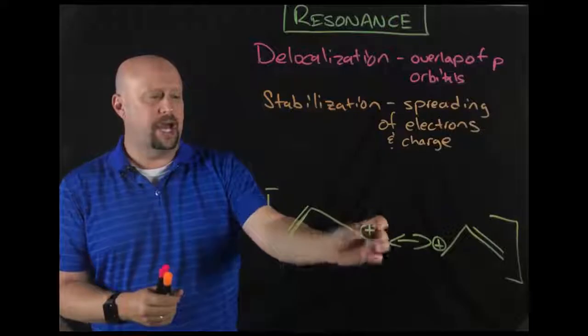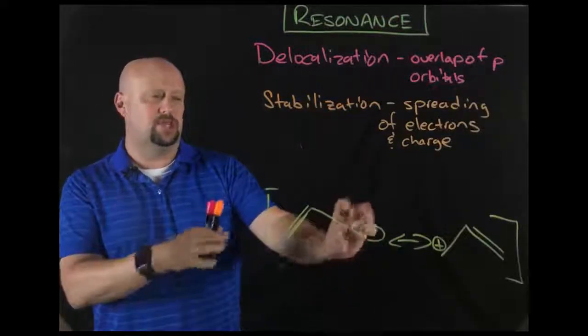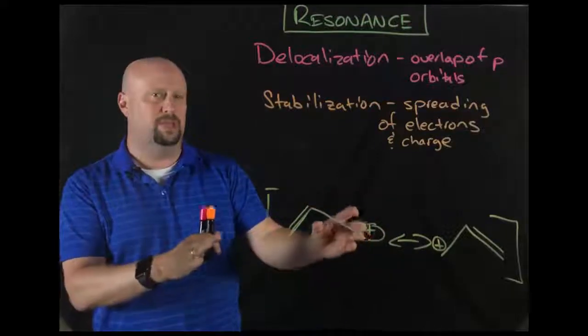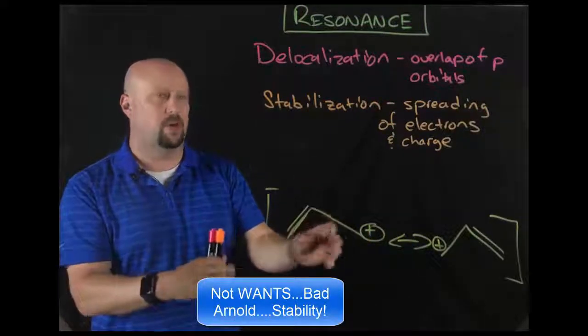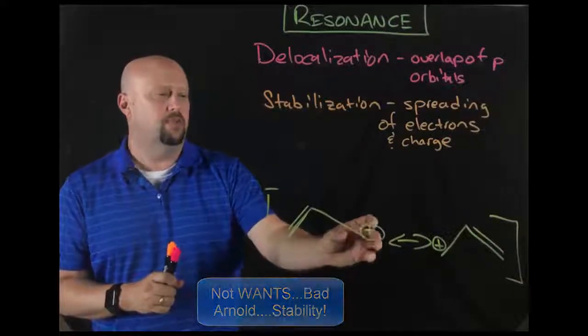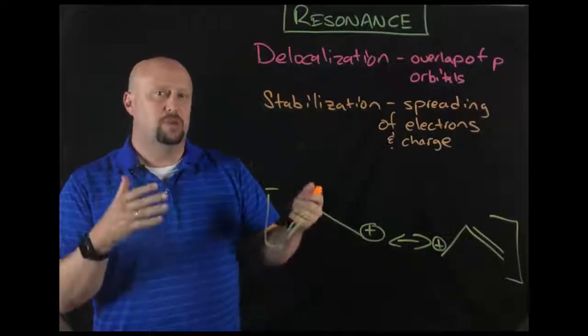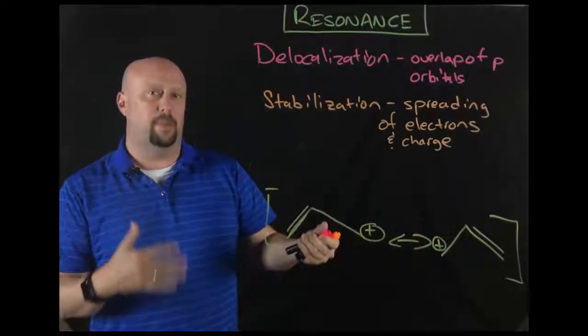Remember, a carbocation, as we'll see when we do reactions throughout the course of the year, is not a particularly stable state that carbon wants to be in. That's sort of ripe for a reaction or something to go on there. And so if we can, instead of it always being right here, spread that charge out a little bit, then that's a much more stable way to represent that molecule.